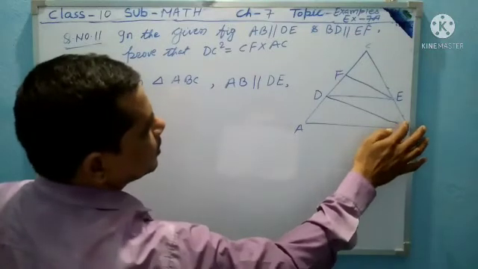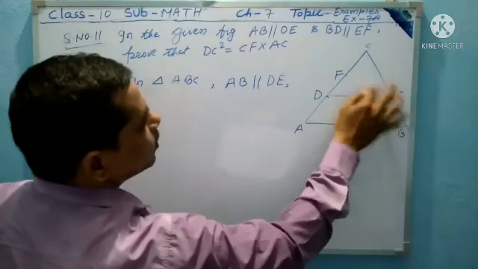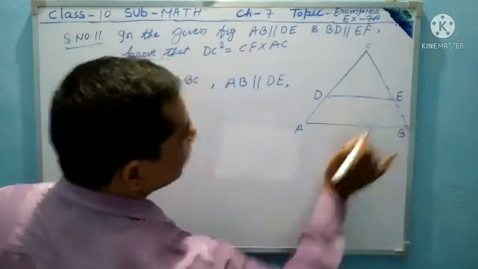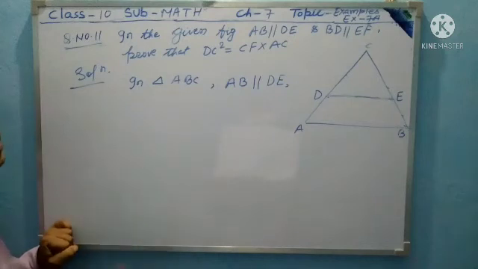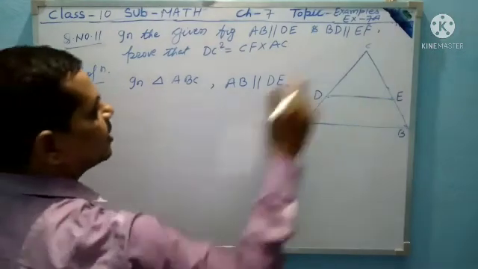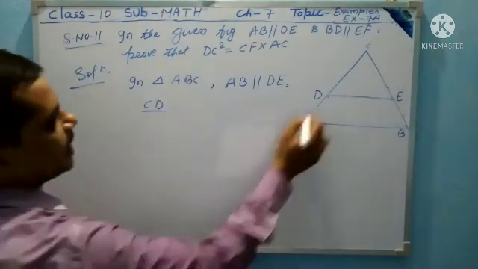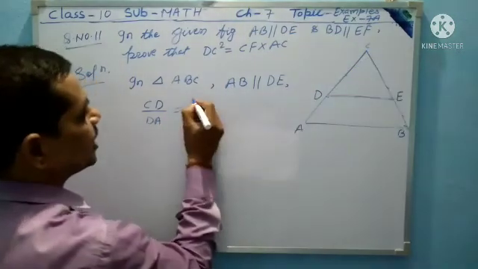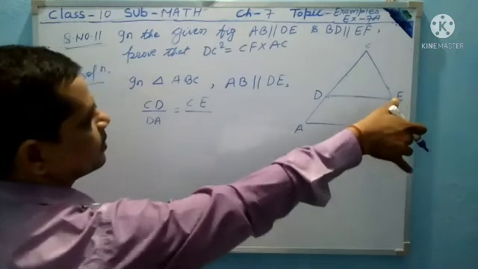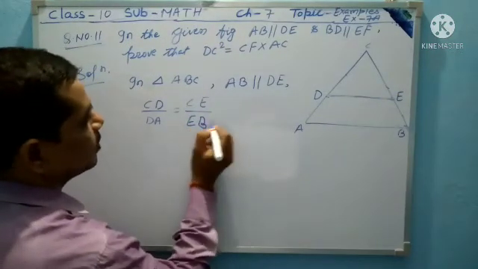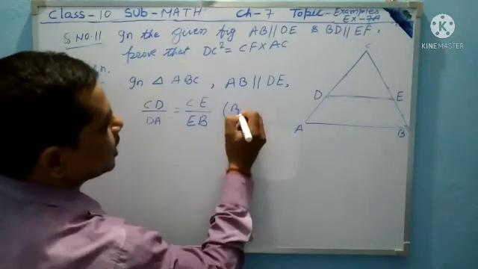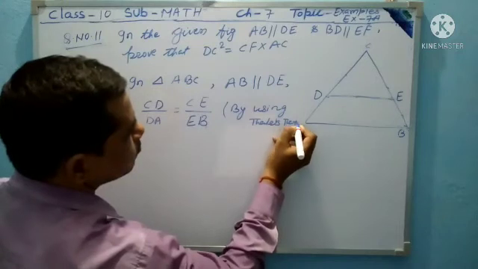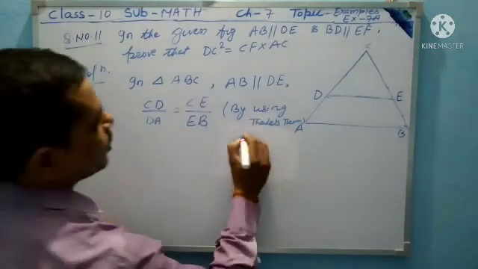AB parallel to CD means AB and CD are parallel. In this type of triangle we use the Thales theorem. So we take CD by DA equal to CE by EB, by using the Thales theorem. So that is equation number first.